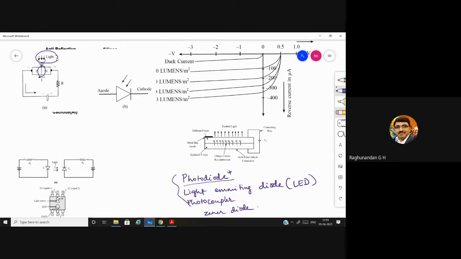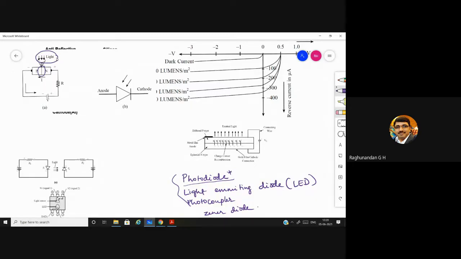If you forward bias this diode, do you think the light equivalent current will flow here? Do you think this light equivalent current is going to flow through the circuit? No, sir. Then what will flow? The forward current. The forward current, along with some of the current which is excited due to light, will also flow through the circuit.